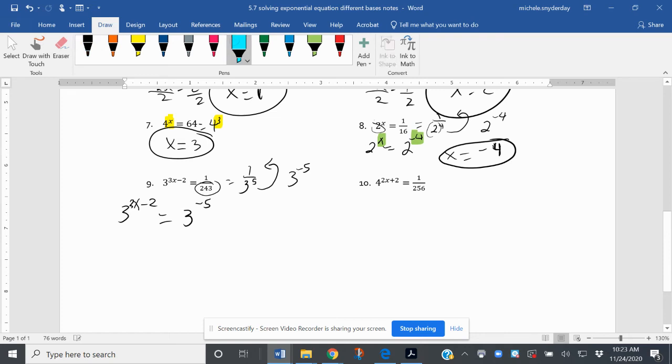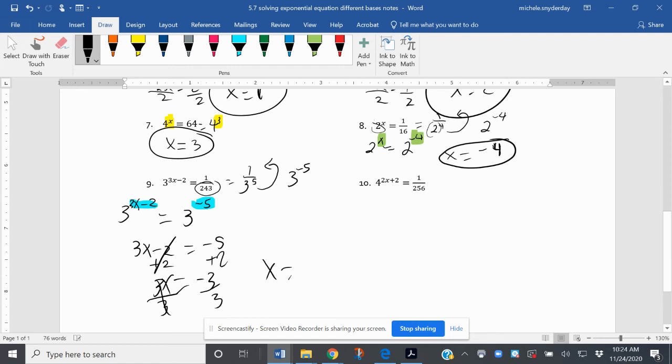Now we have like bases, and we'll just set these two exponents equal to each other and solve. So we have 3x minus 2 on the left-hand side and a negative 5 on the right-hand side. Opposite of minus 2 is adding 2 to both sides. That goes away, and we have 3x equals negative 5 plus 2, which is negative 3. The opposite of multiplying by 3 is to divide by 3. So then we get x equals negative 3 divided by 3, which is negative 1.